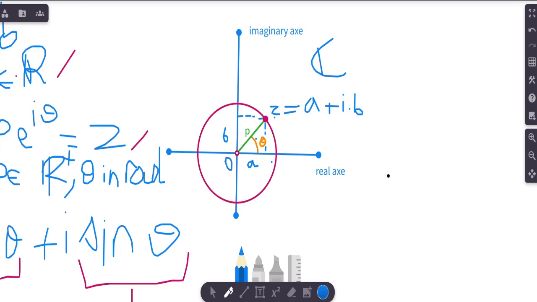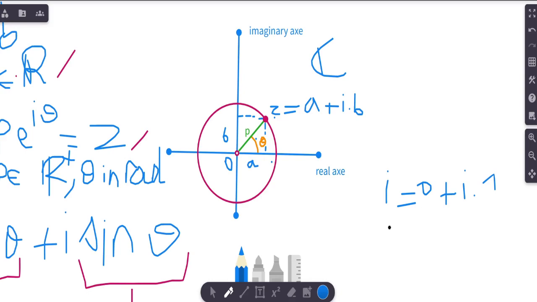So, for example, i is 0 plus i times 1. So 0 is the real part and 1 the imaginary part.